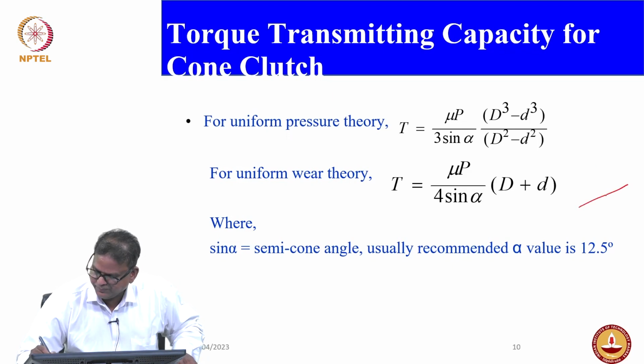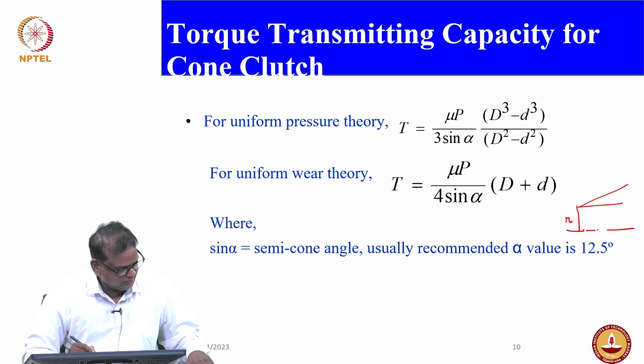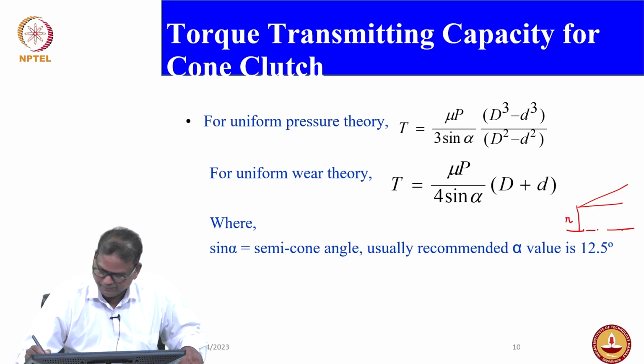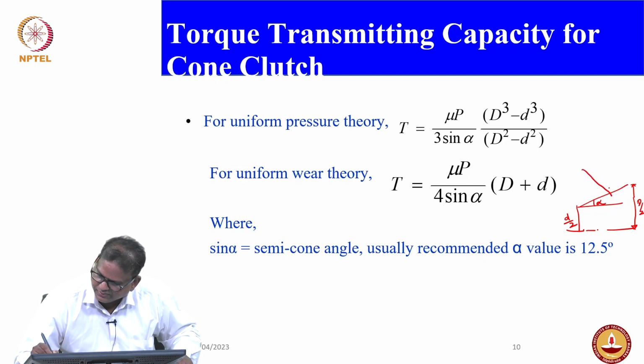If you see the strip, I am taking only the half of the thing. So this is your R, and this is capital R, small r, and small d by d, like this. And this is your alpha pressure angle. So this will act in this direction, normal way.